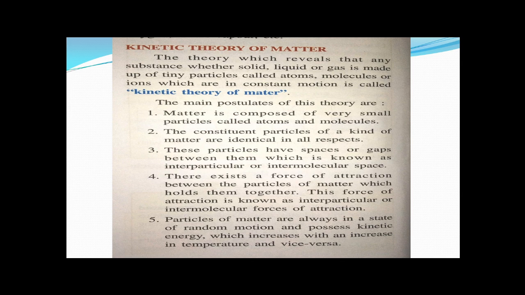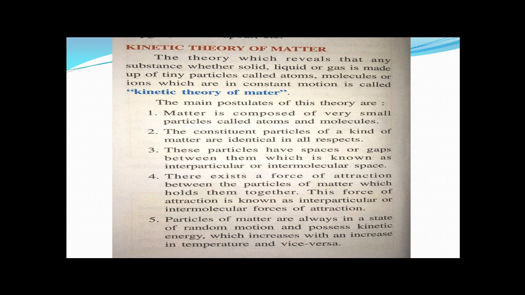So the second point we can say in this manner: the constituent particles of a kind of matter are identical in all respects. Their properties, shape and size, everything will be identical for a particular kind of matter.